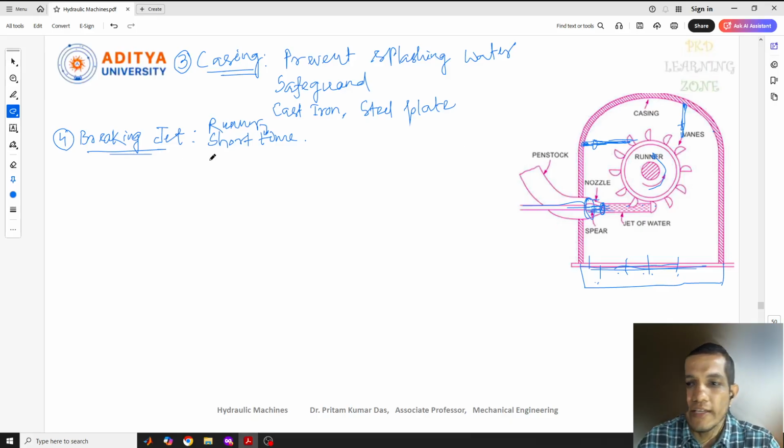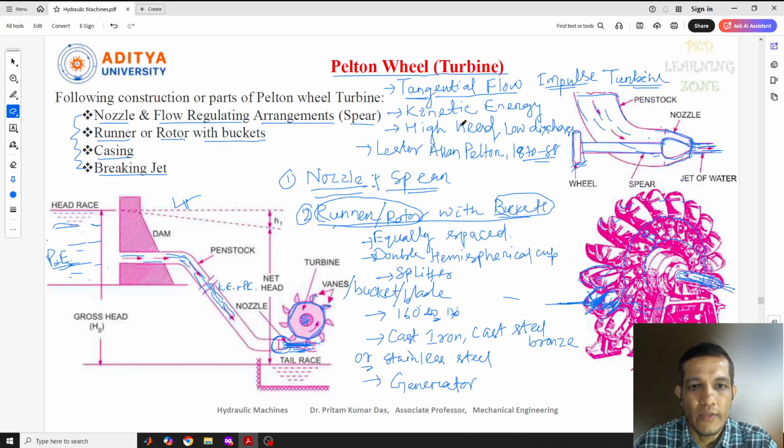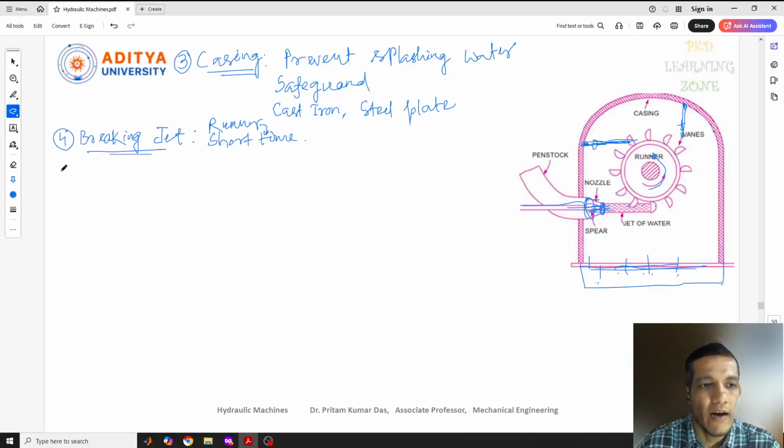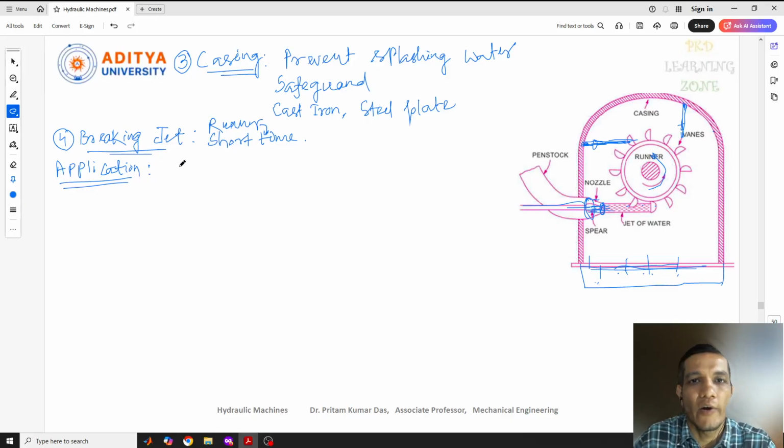Now, we have discussed the working principle of this Pelton turbine, and now we'll see some basic things like applications. What is the basic application of this Pelton turbine? The first one, as I have already shown you in that diagram, is the hydroelectric power plant.